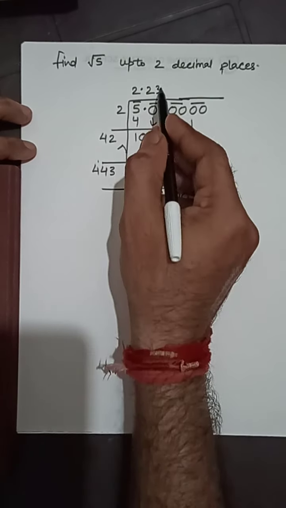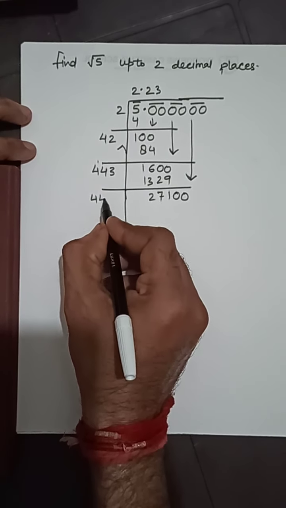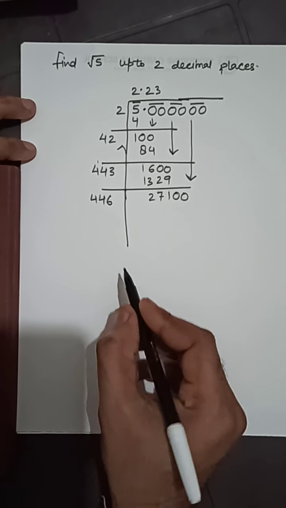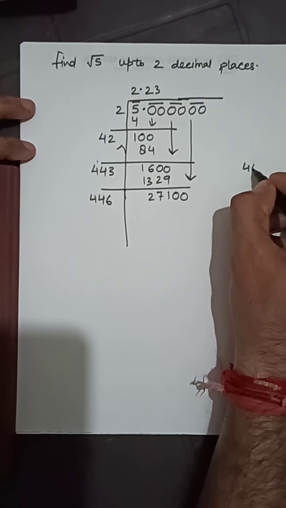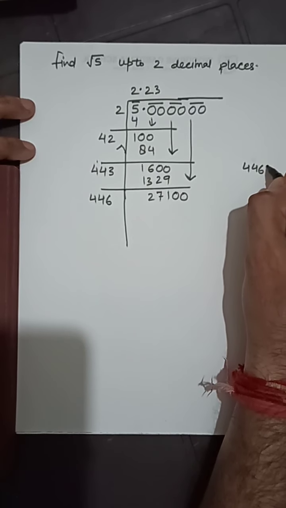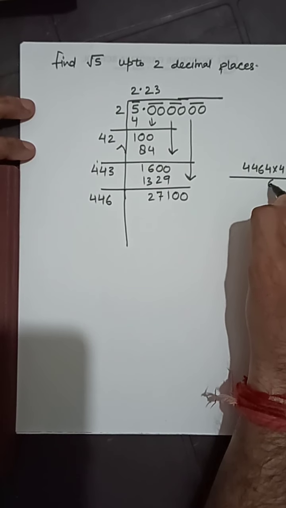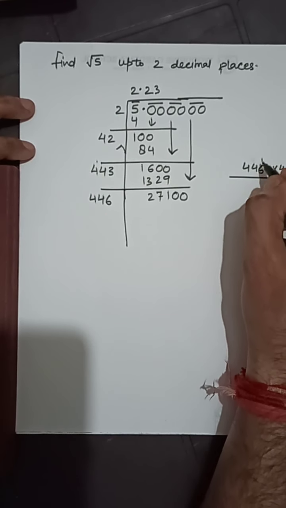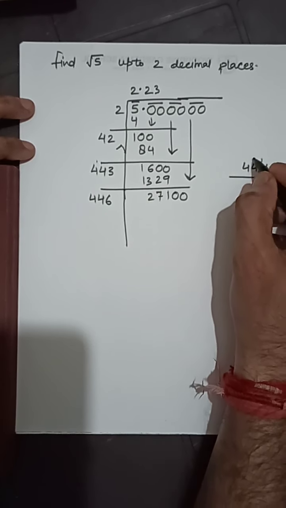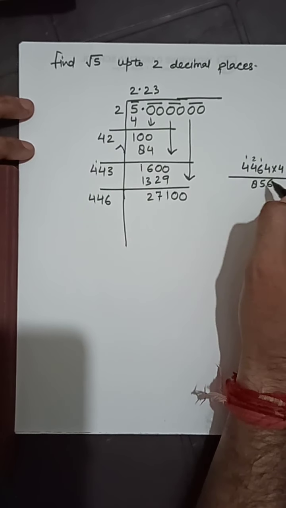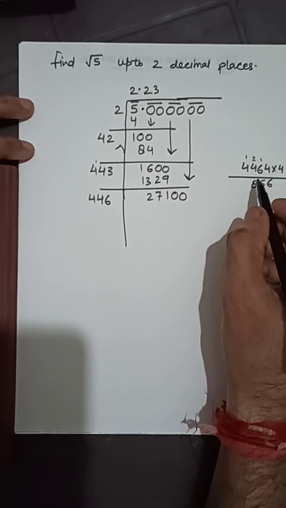Now the new divisor 3 will be added over here, 446, and now we can check 446 times 4. If I check it 4 times, 4 4 is 16, 6 carry 1, 4 6 is 24 and 1, 25, 4 4 is 16 and 2, 18, 4 4 is 16.